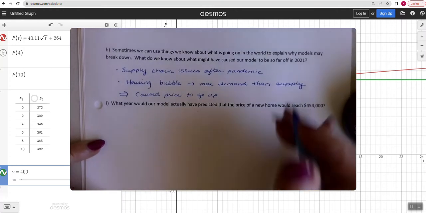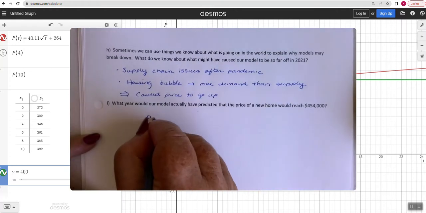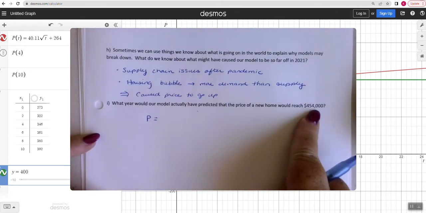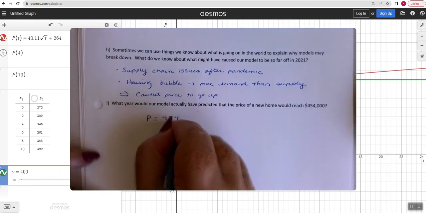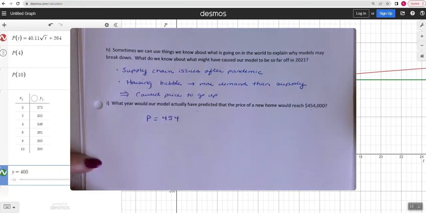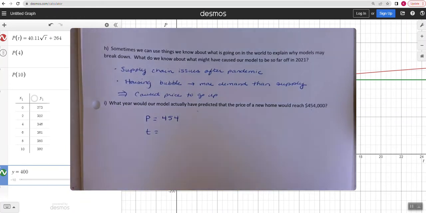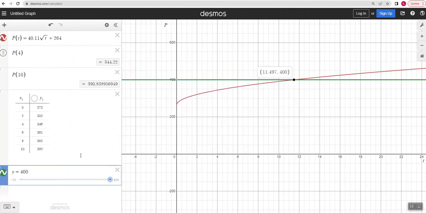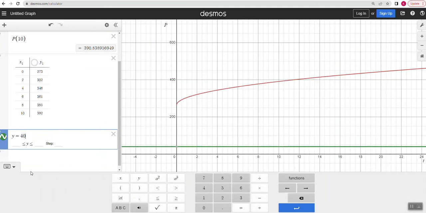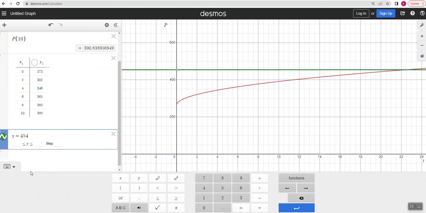Well, let's see. For the price to be $454,000, P would be 454, right, since price is in thousands. And let's go back to our graph and see if we can figure out what year that happened on the graph. Let's see. I'm going to change this y equals 400 to y equals 454. That's way out here.